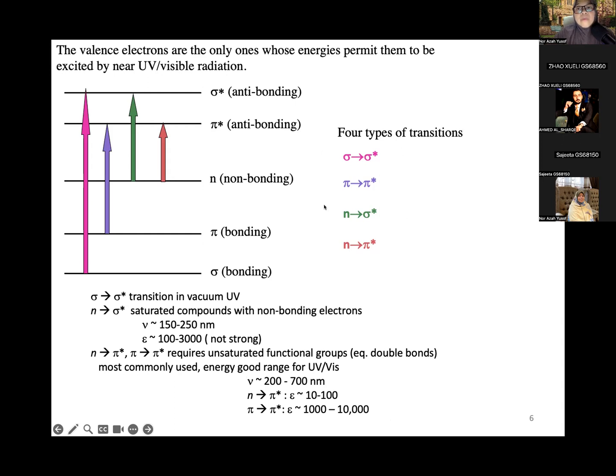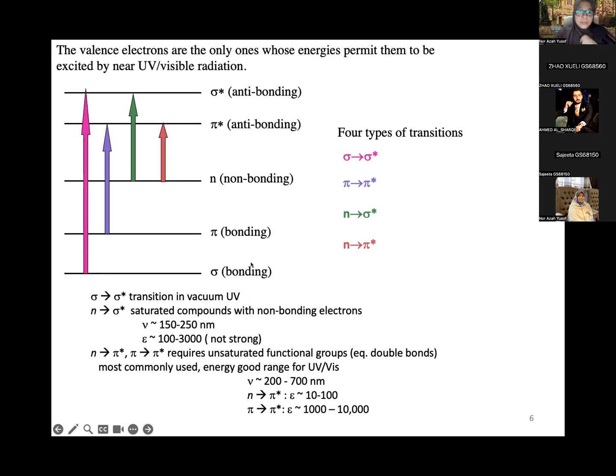So these are the 4 types of transition that can happen, but the ones that are common are n to pi star and pi to pi star. Why? Because the energy is based on the difference between the levels of energy. You can see the energy is low for n to pi star and pi to pi star.